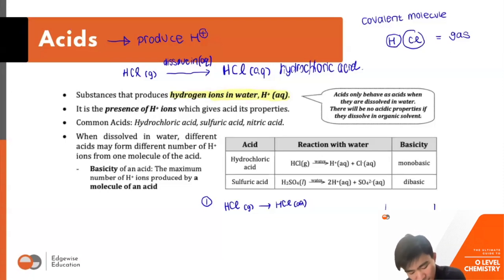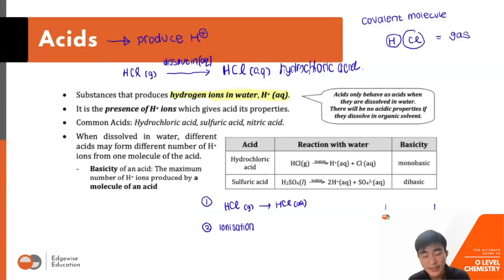I have a beaker of water, and I put this HCl molecule that is outside as a gas inside the water. What is going to happen in stage number 2 is something very special, and this process is known as ionization.